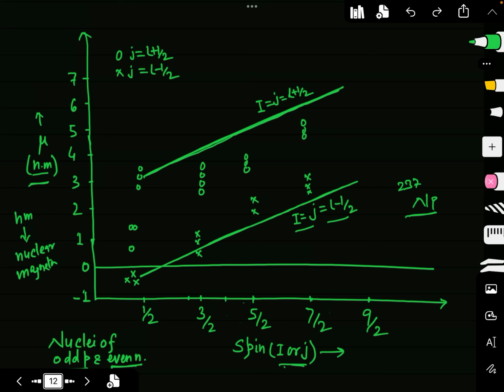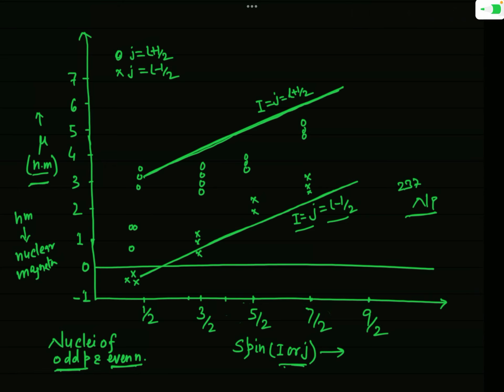And the other set is close to the line J equal to L minus half. You can see this figure. This small circle denotes the nuclei closer to J equal to L plus half, and this cross denotes the nuclei closer to J equal to L minus half.